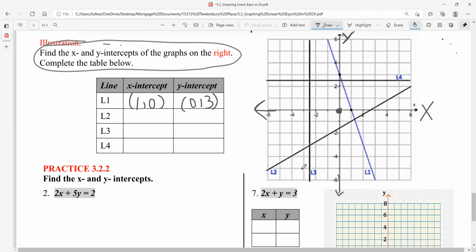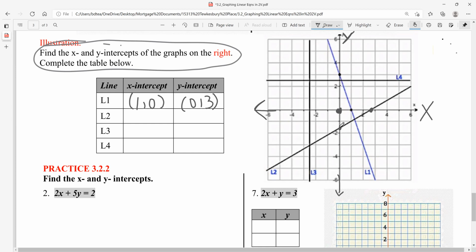And let's look at line 2. We're looking at the x and y-intercepts, and all we're doing is looking at where it crosses the y-axis and where it crosses the x-axis. These are not whole numbers, so we're just going to guess here.